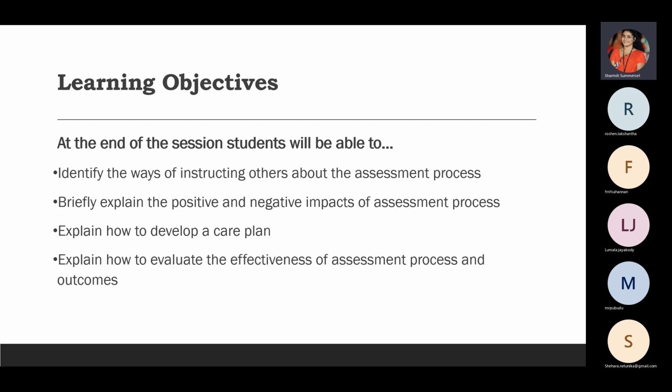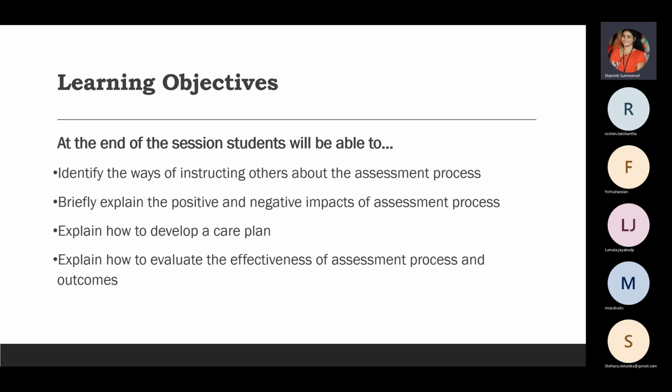Then, explain how to develop a care plan. We studied a separate part for the nurse's assessment, right? I told you that nursing management, or the nursing care plan, is more accurate, because when we talk about the nursing care plan, it includes the patient's whole health.